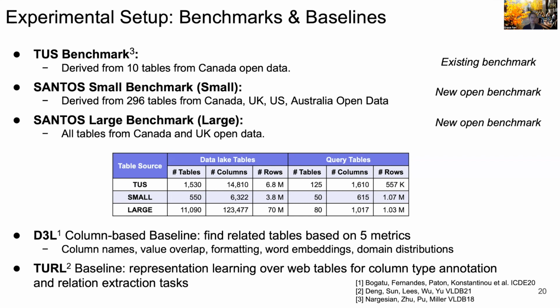And for our baselines, we have D3L, a column-based approach that finds related tables based on 5 metrics: column names, value overlap, formatting, word embeddings, and domain distributions. Next, we have TURL as a baseline, which performs representation learning over web tables for tasks like column type annotation and relation extraction.